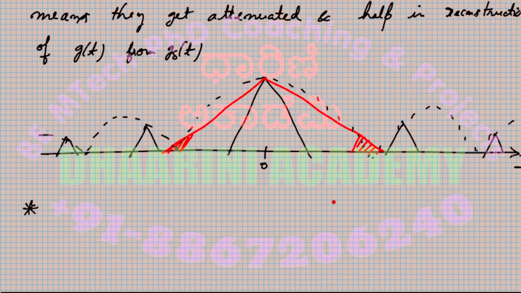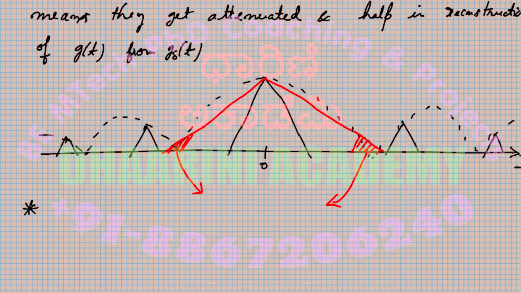Whatever you lose here, there is a name for that. You lose the higher frequency component of the message spectrum located at f equal to 0. We are not bothered about what's going to happen outside this. Only that particular spectrum which is centered at f equal to 0 might lose something, right?